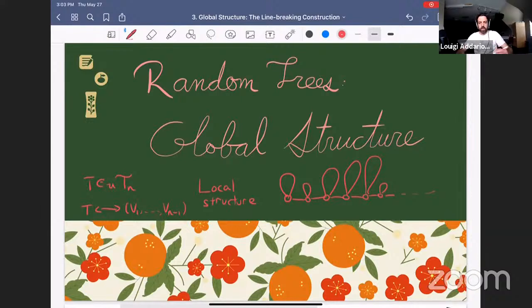Right. So in the first lecture, in fact, we also got one bit of sneak preview of how this bijection could be used to understand things about the global structure of large random trees. And that was when we looked at the asymptotic behavior of the height of a randomly sampled node.